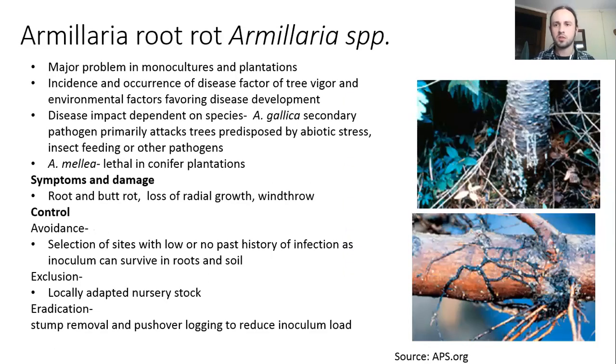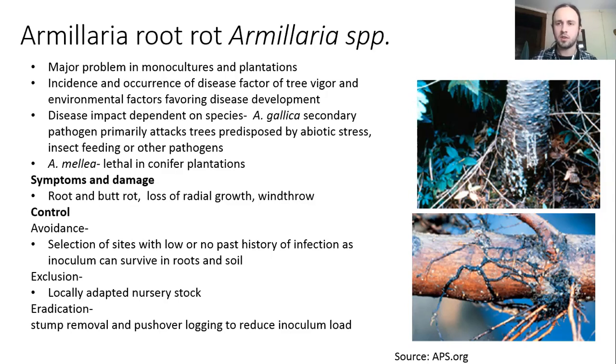Another very important disease is armillaria root rot. This is a major problem in monocultures and plantations. In hardwoods, this acts more as a secondary pathogen, but in conifers, this is a lethal and primary pathogen. It can cause root and bud loss, loss of radial growth, wind throw.